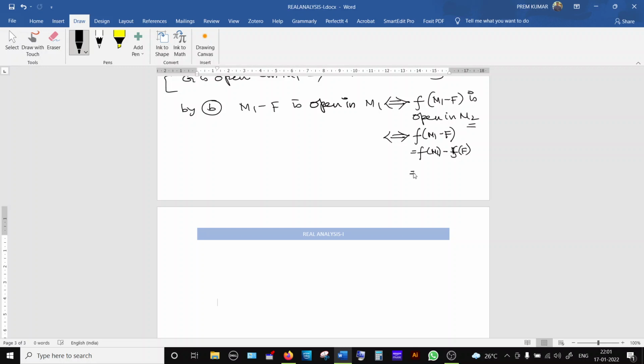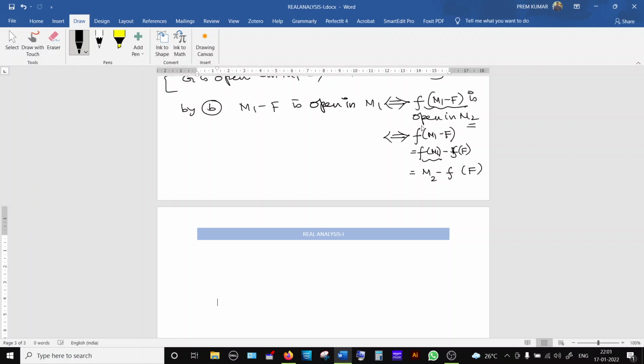What is f of M1? That is the range, but here range equals codomain because the function is one-to-one and onto. Therefore, this is nothing but M2 difference f of F. So from this we continue.